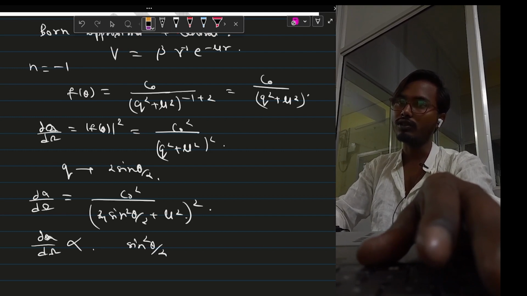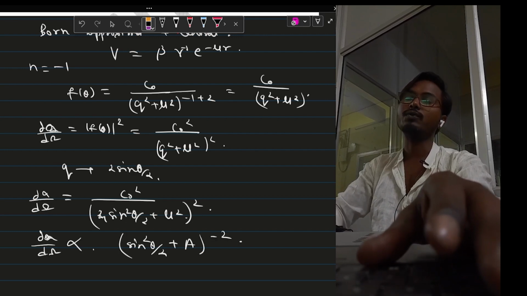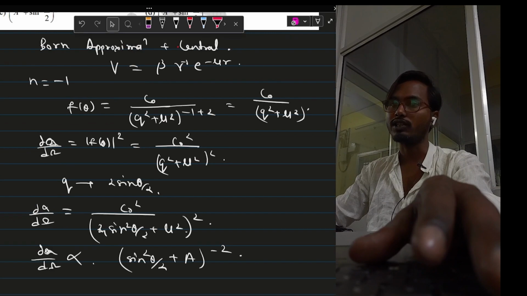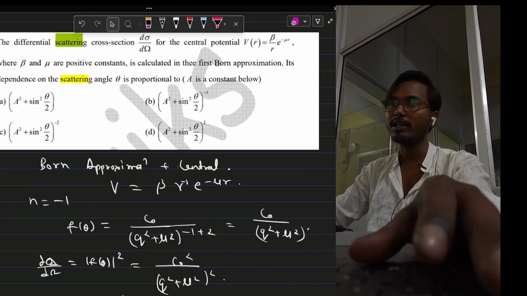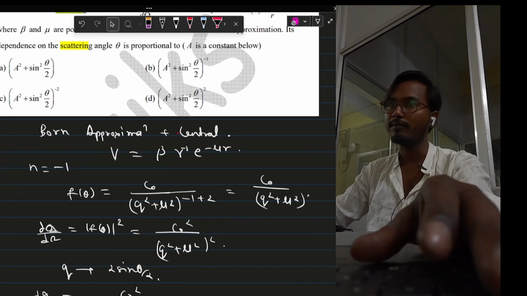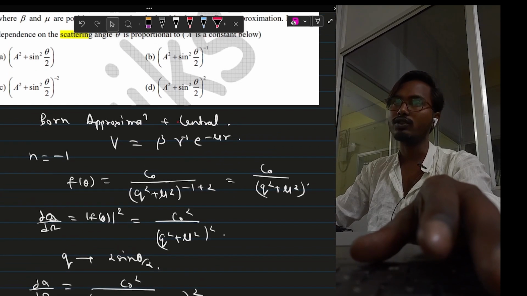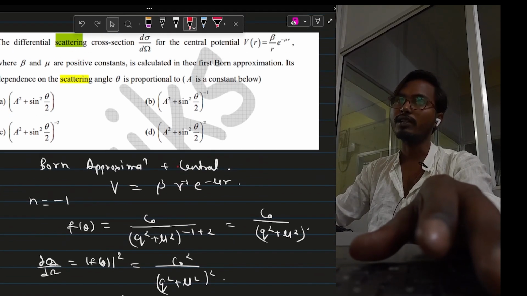Let us remove this also, plus something raised to power 1 by 2. Let us see which option matches. Sine square theta by 2, a square, everything is same. So power minus 2. So for minus 2, this term matches.